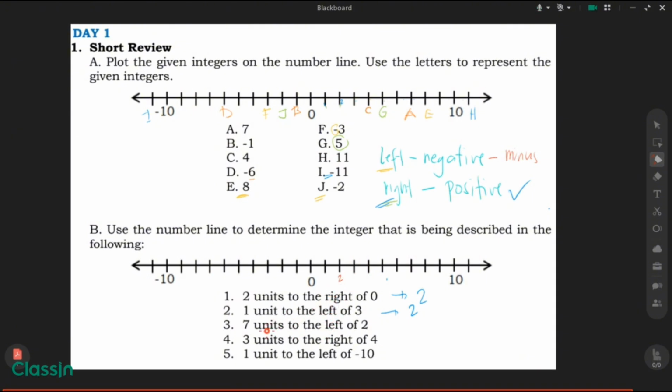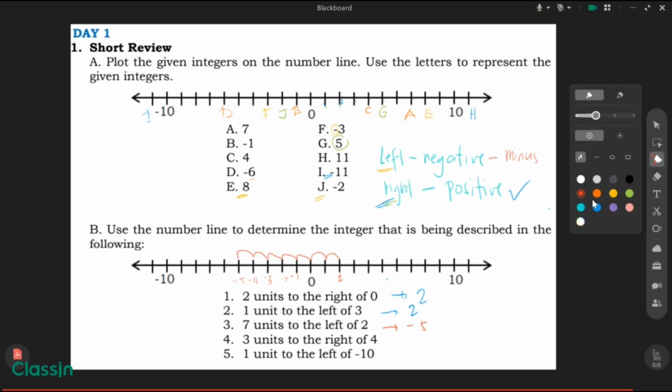And it says that we need to move 7 units to the left of 2. 1, 2, 3, 4, 5, 6, 7. So our answer will be -1, -2, -3, -4, -5.